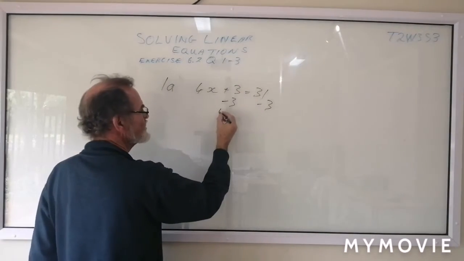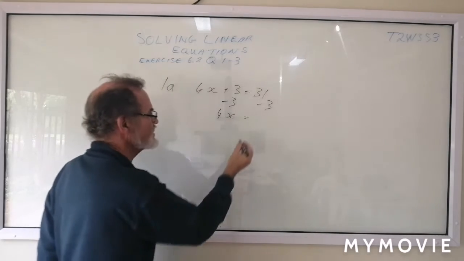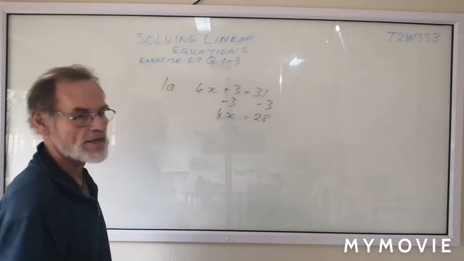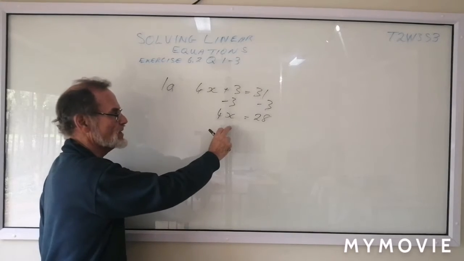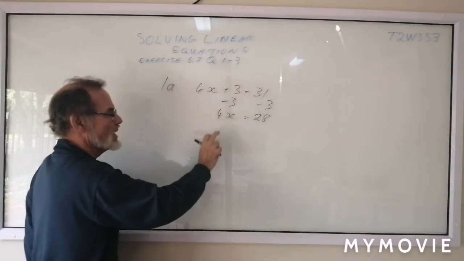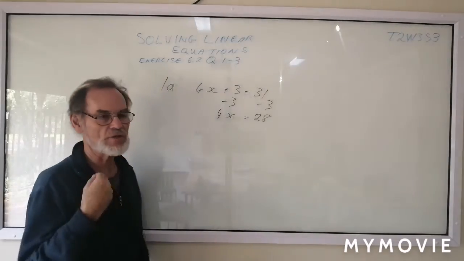This becomes 0, so we're left with 4x, which is equal to 31 minus 3, which is 28. Okay? Now we need to get x on its own. And what is this 4 doing to the x? It's multiplying. So, we're going to get rid of the 4 by doing the opposite.